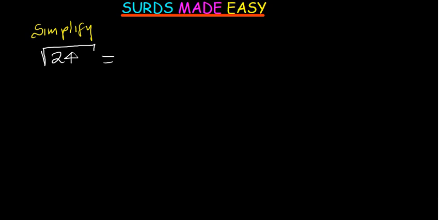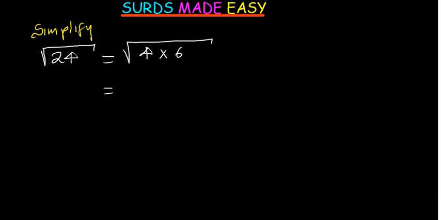So divide 24 by 4. How many times can 4 go into 24? 6. So that means for me to get 24, I need to multiply 4 by 6. And then I can split these.